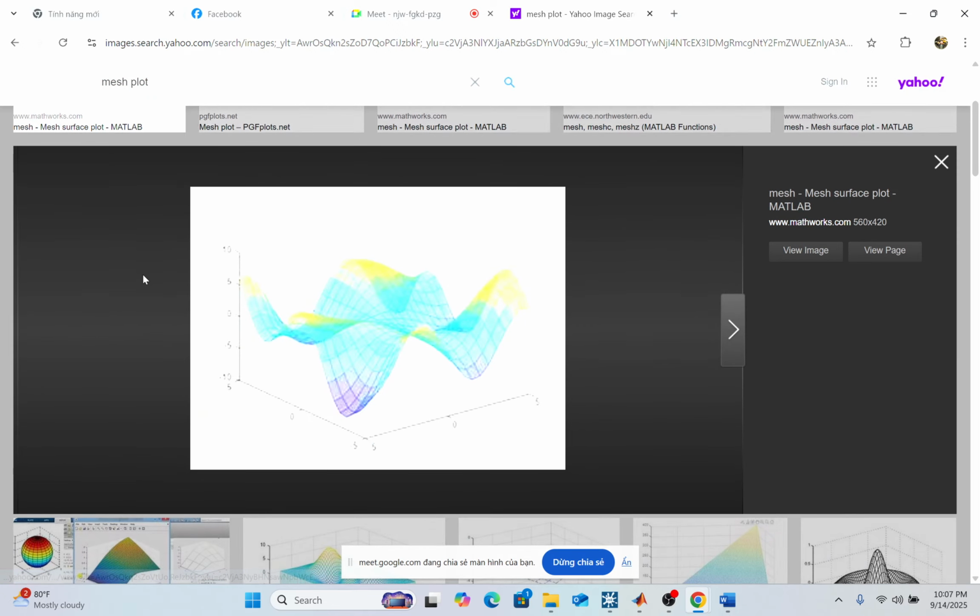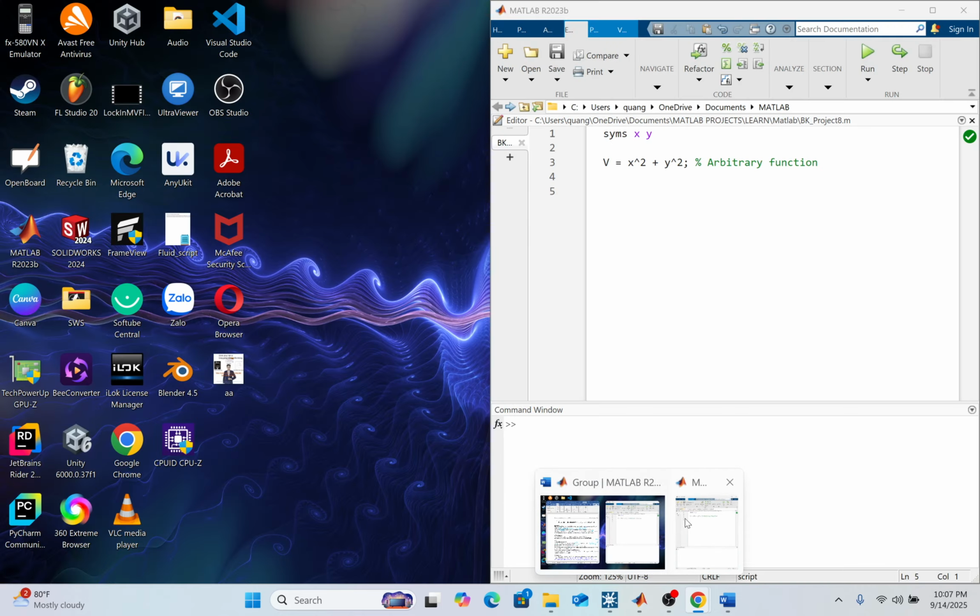Here's the mesh, which means that this is living in the third dimension, but actually it only takes account of the x and y axes, and on the z axis it is plotting the value that you are examining at a point. Okay, so a point in the mesh could have this form.